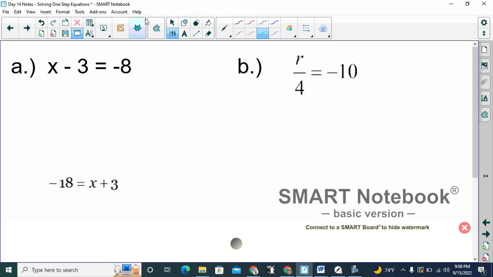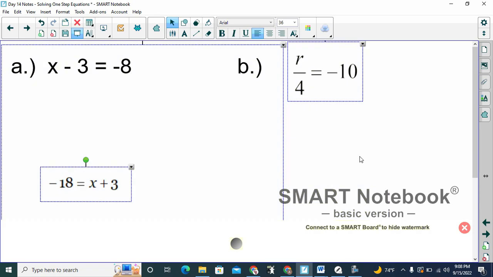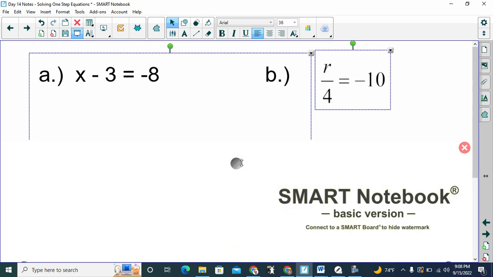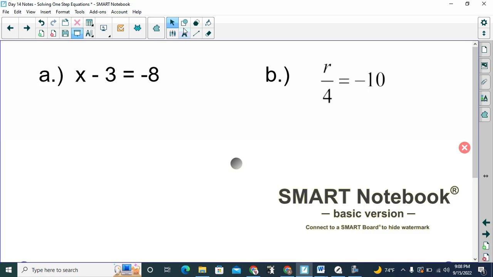Example 3. Example 3, again, asks us to solve. Part A says x minus 3 equals negative 8. x minus 3 is equal to negative 8.